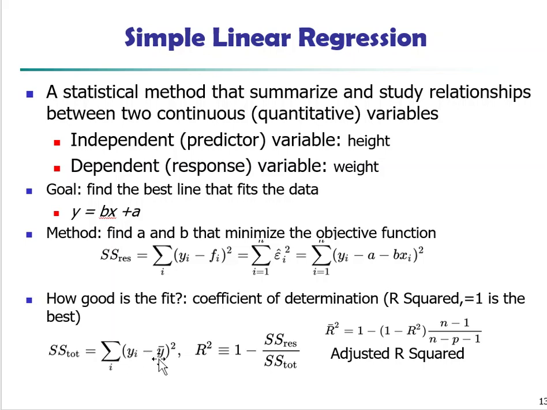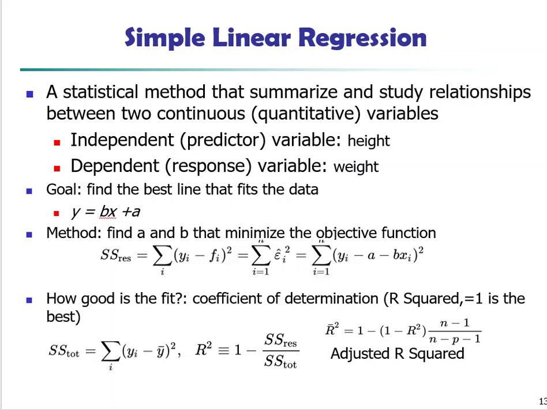So basically this R squared tells us how different our predicted line creates the residual as compared to if we just predicted the mean value.